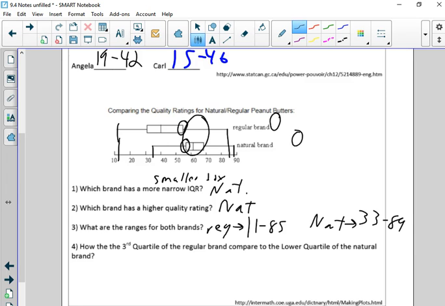Okay? Almost the same, maybe 53 to 55. You know, somewhere in there, 53 to 54. They're pretty close. They're almost equal. So the natural brand is head and shoulders above the regular brand.